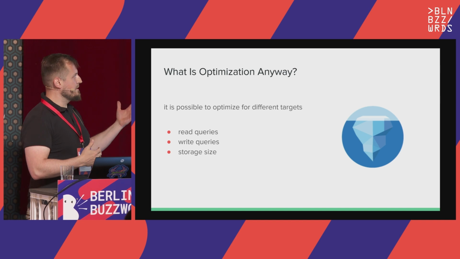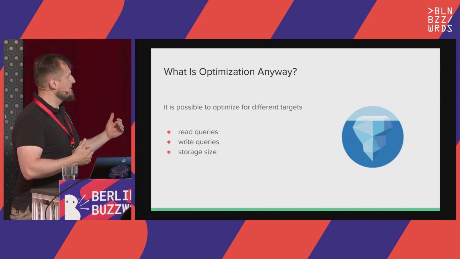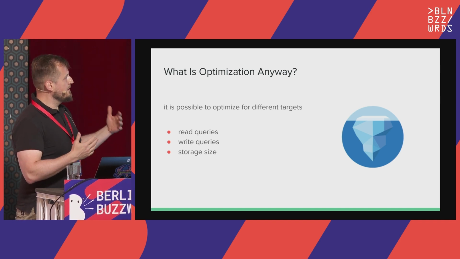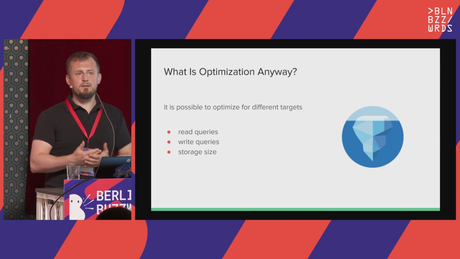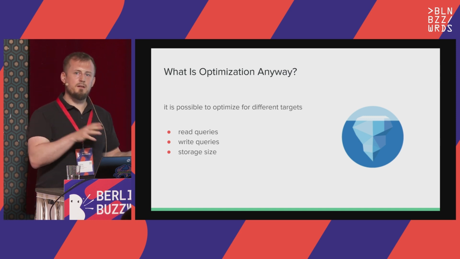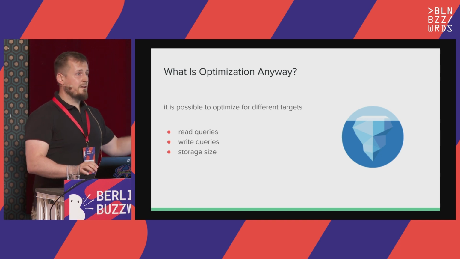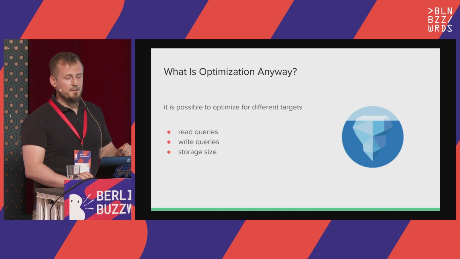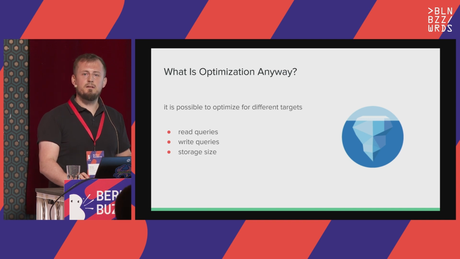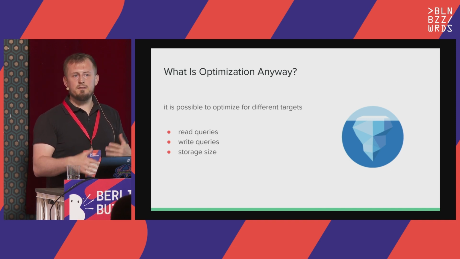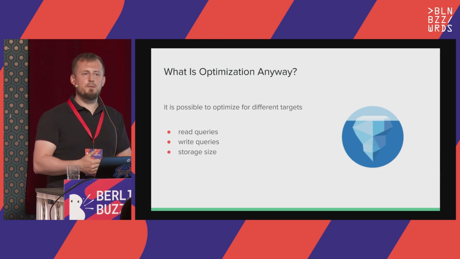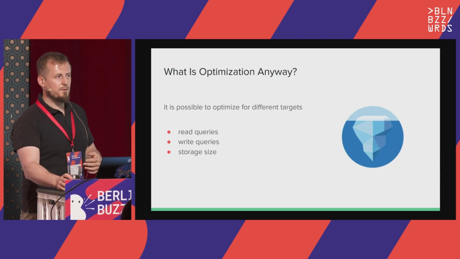Usually when we are talking about datasets or tables, you can think about optimizing your table for read queries, for data modification queries, but also maybe for storage size. There are other aspects that we could optimize for, like, for example, data recency, consistency. Again, that really depends on a particular use case and a particular situation.